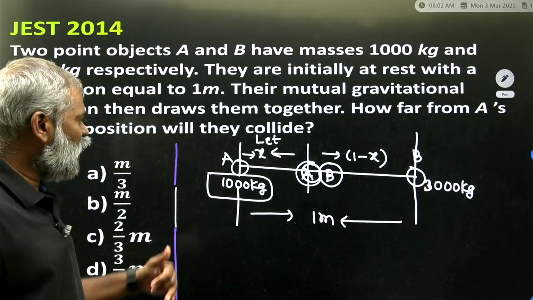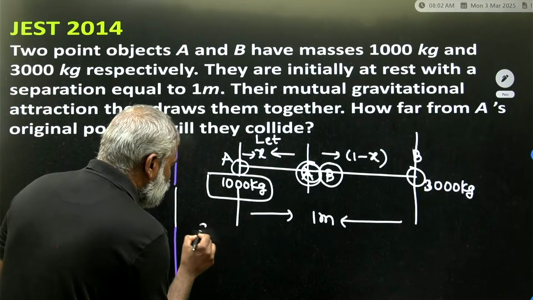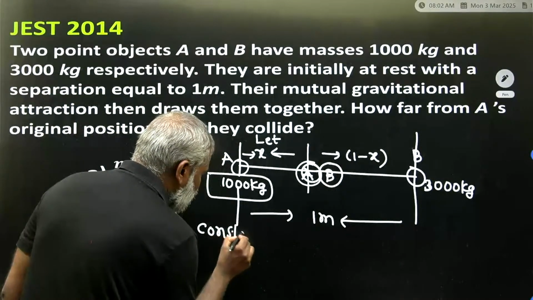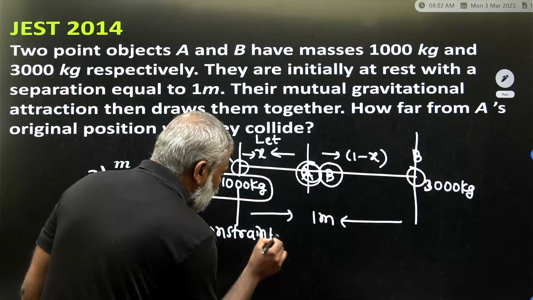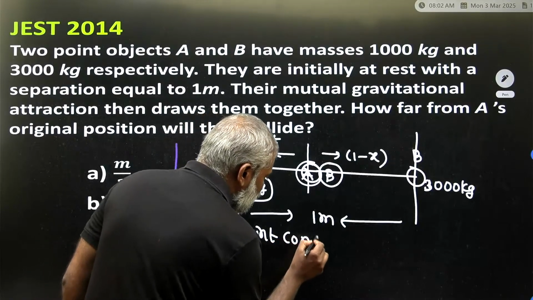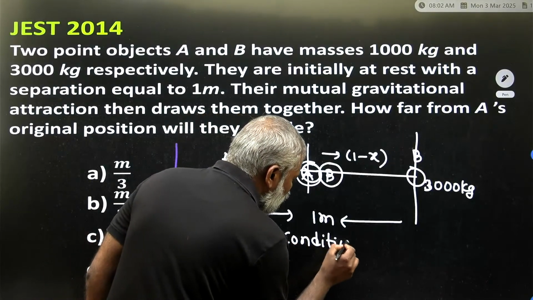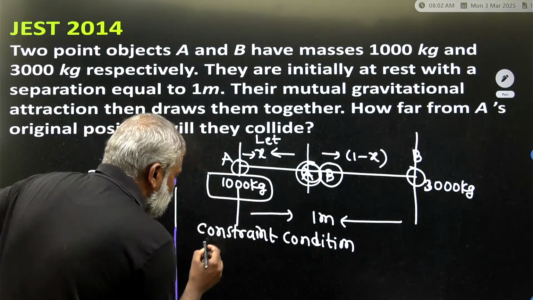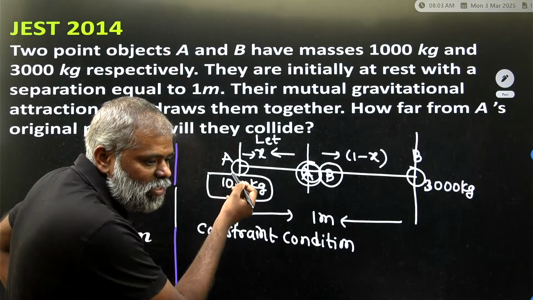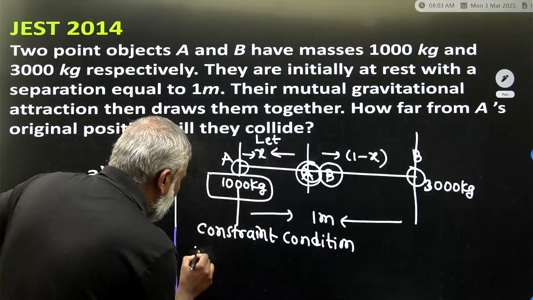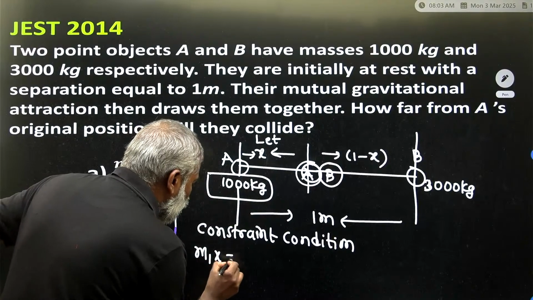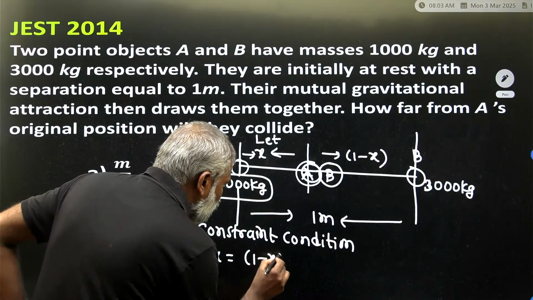Therefore, by using the constraint condition, we write m1 into x is equal to m2 into (1 minus x).